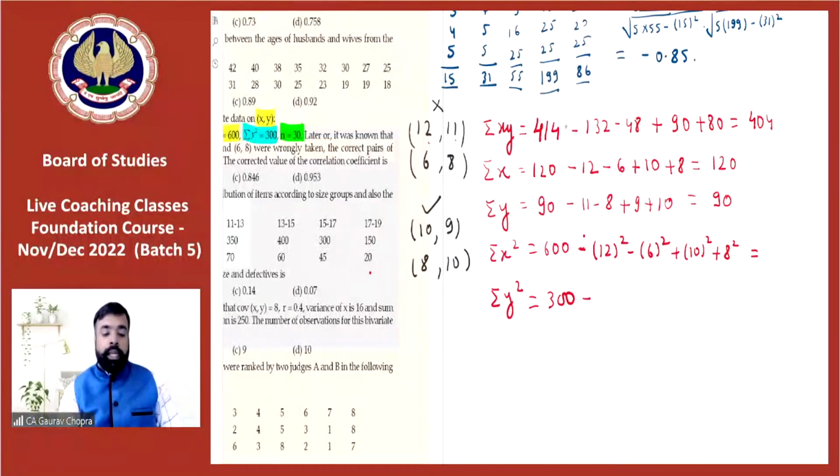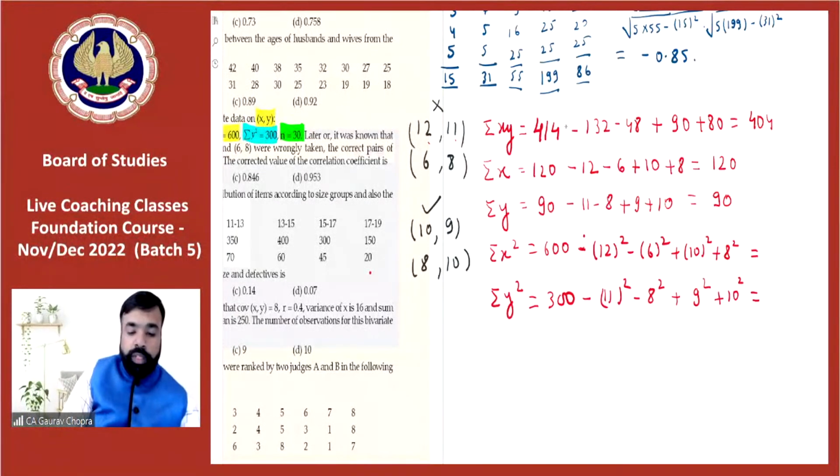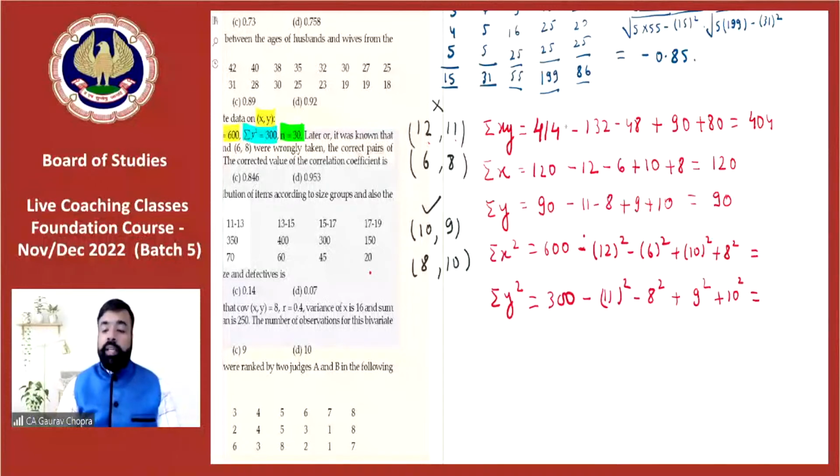300 minus the wrong values 11 square, 8 square, plus the correct values 9 square, 10 square, and then get the result. So all these values are now corrected values.